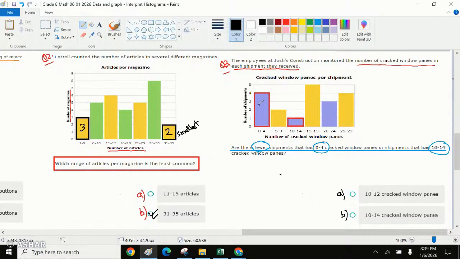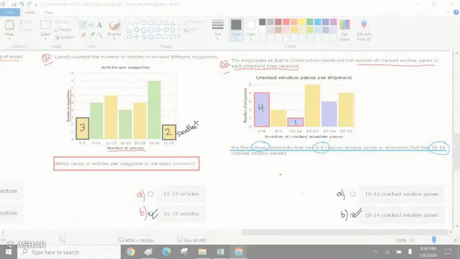Yes, thank you. This was 4 and this was 1. That means 1 is less than 4. That means 10 to 14 had fewer. Agreed? Thank you for the answer. Option B. Let's try another question.